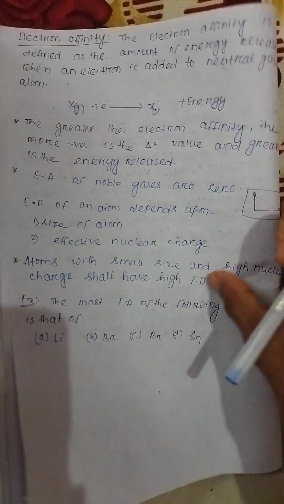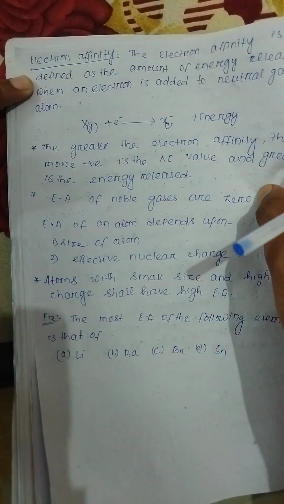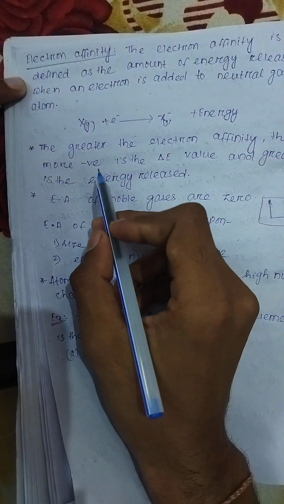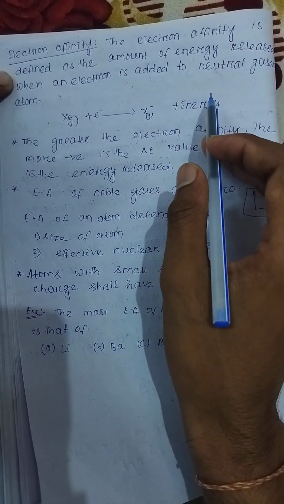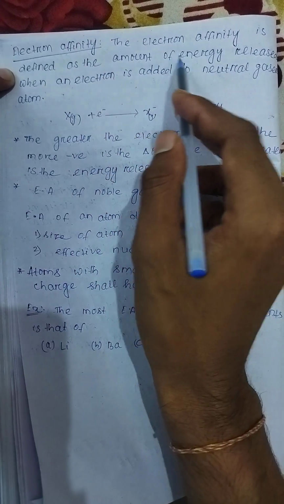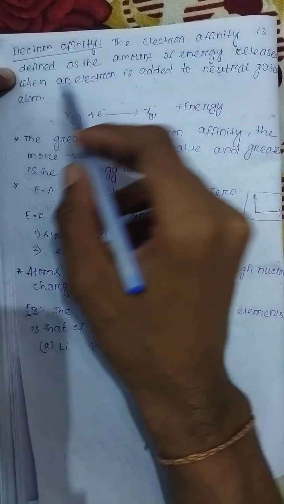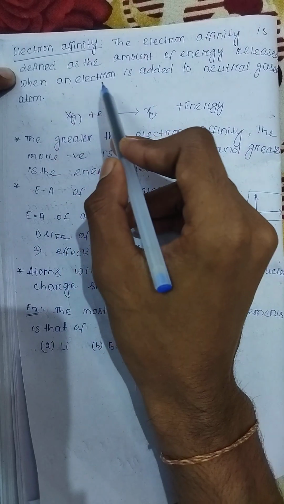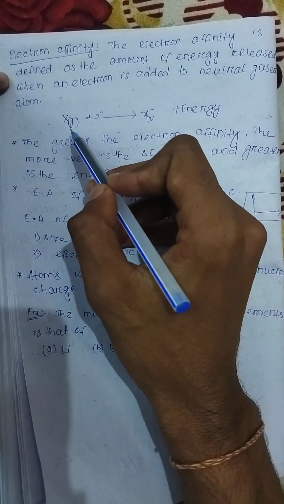Next we go to electron affinity. What is electron affinity? Electron affinity is defined as the amount of energy released when an electron is added to a neutral gaseous atom.